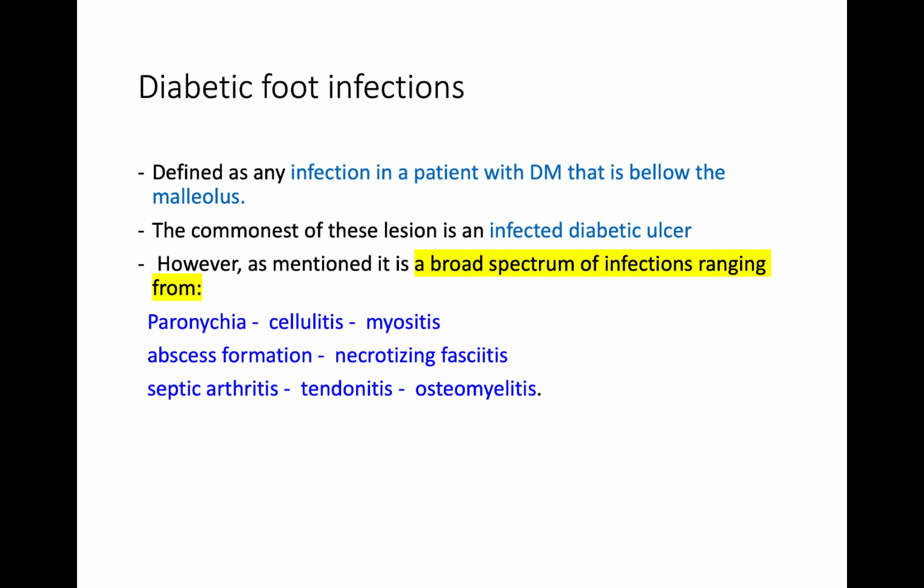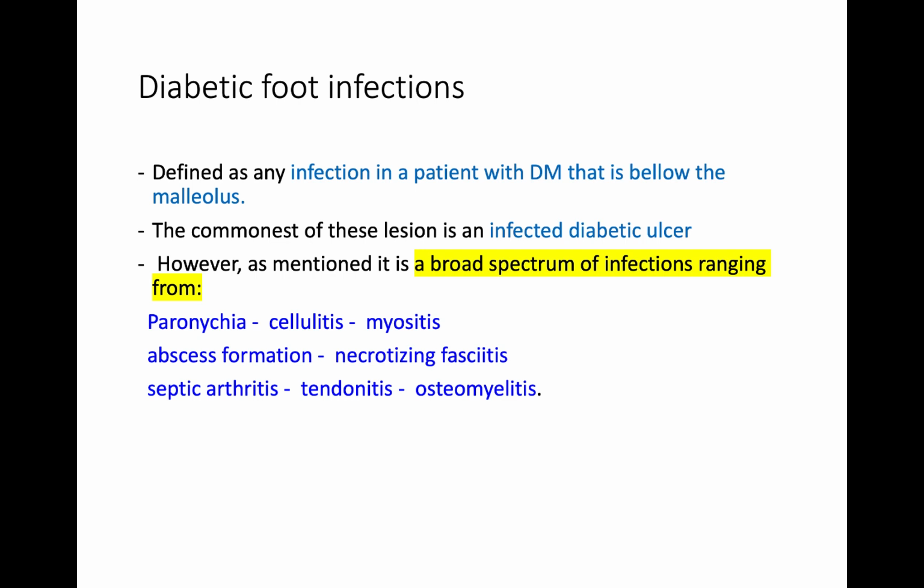So you will see that lots of infections can be seen in diabetic foot, and understanding it is important because it's the most major skin infection that you will deal with in the hospital setting, as well as in a clinical setting. You will see paronychia, cellulitis, myositis, abscess formation, necrotizing fasciitis, septic arthritis, tendinitis, osteomyelitis. Everything can happen in the setting of diabetic foot.